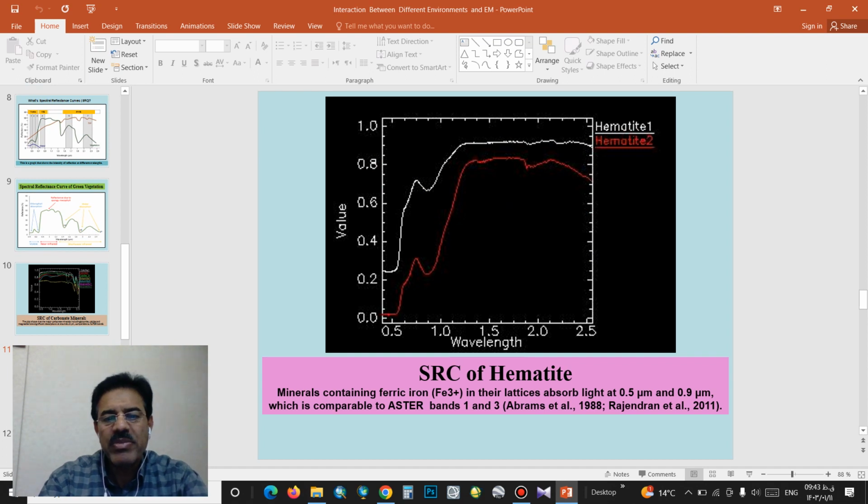This slide: a spectral reflectance curve of hematite. Minerals containing ferric iron Fe3+ in their lattices absorb light at 0.5 micrometers and 0.9 micrometers, which is comparable to ASTER bands 1 and 3.